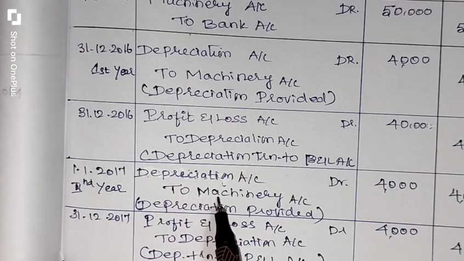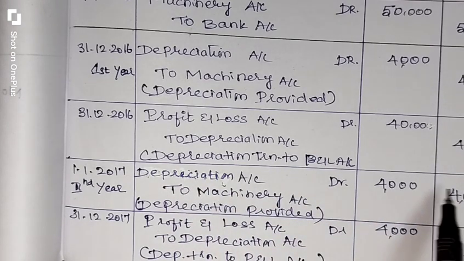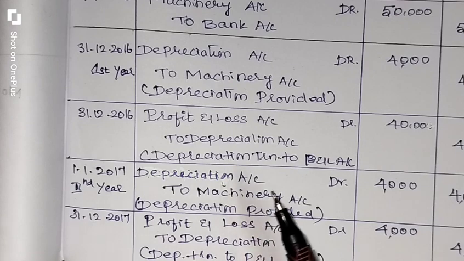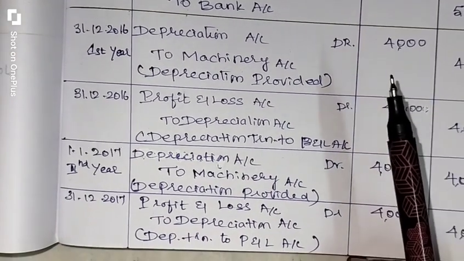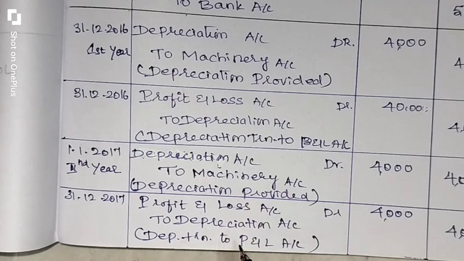Depreciation account debit 4,000 to machinery account 4,000, depreciation provided. Then for closing the depreciation account, we have to transfer the depreciation into the profit and loss account. So we enter the closing date of the accounting period, that is 31/12/2017. Profit and loss account debit 4,000 rupees to depreciation account 4,000 rupees.